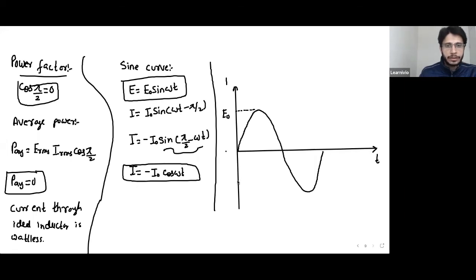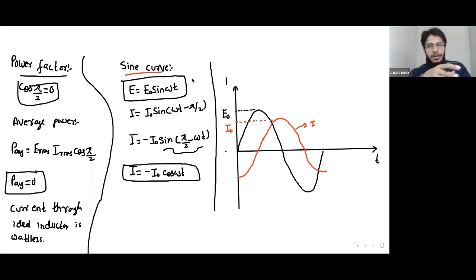So the graph will go like this. This is for the current because it's not cos, it's minus of cos. And this is the peak value of current. Basically, these phasor diagrams that I am doing, these are numericals or conceptual questions. I'm discussing everything in theory.